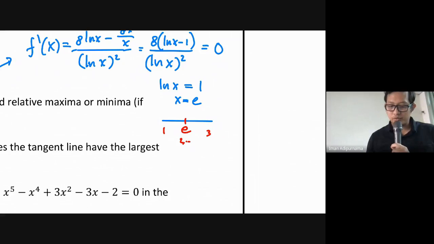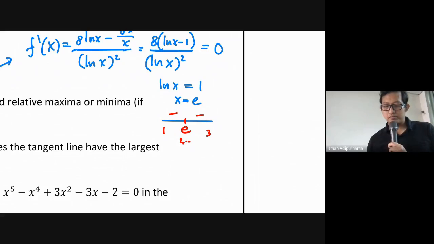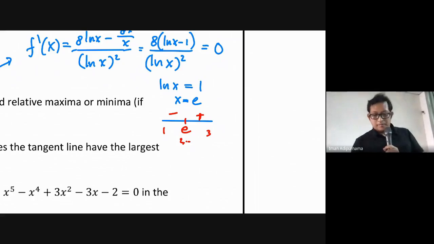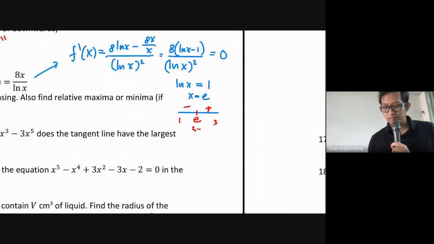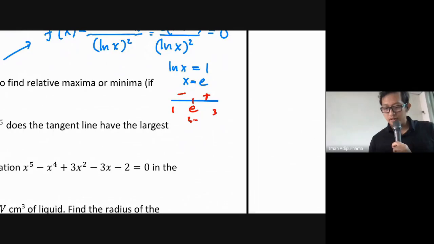So ln this will be negative. If ln 2 is around ln 3, positive, right? Positive, yeah, positive. Okay, then what will happen?